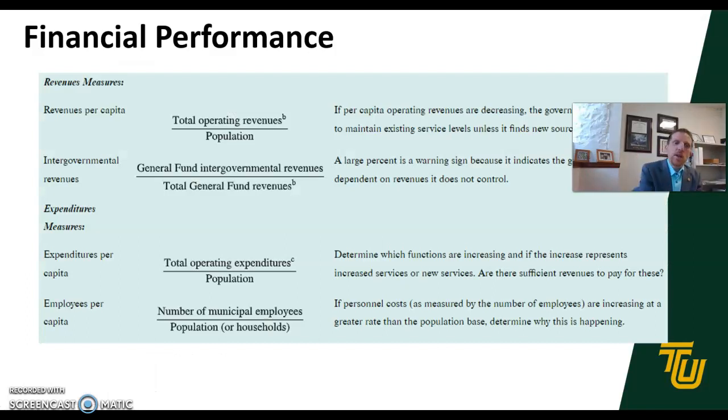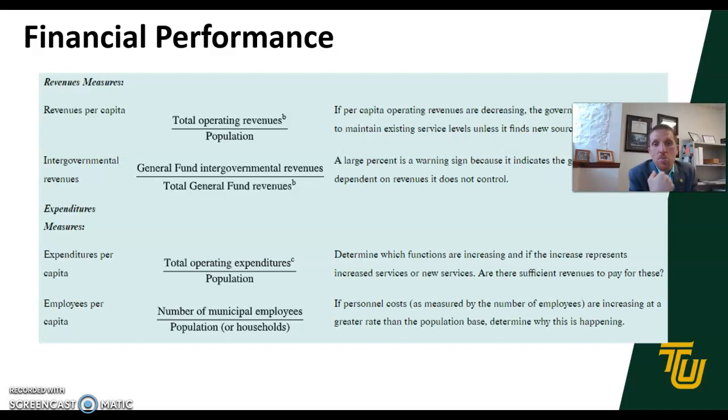So there's several formulas, lots more ratios, just slightly different than what we've seen in maybe like a corporate finance or other accounting courses, but really geared towards the key indicators within a government. Okay, so operating revenues, revenues per capita, right?